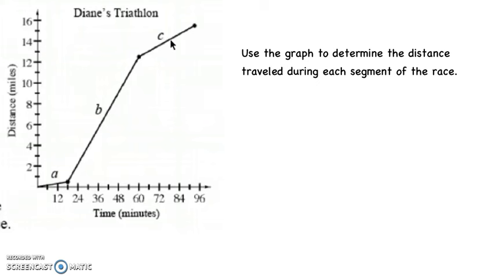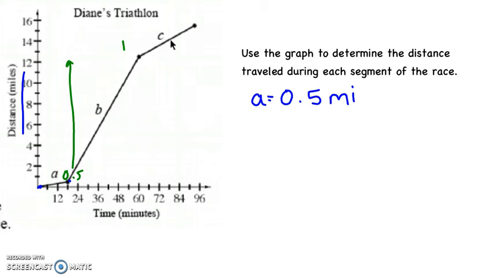Use the graph to determine the distance traveled during each segment of the race. So let's look at A. We're paying attention to distance traveled, not time. So when I start at 0 and I go to where A ends, she covers a distance of 0.5 miles. Then I look at B. B started at a distance of 0.5 and it goes all the way up to a distance of 12.5.